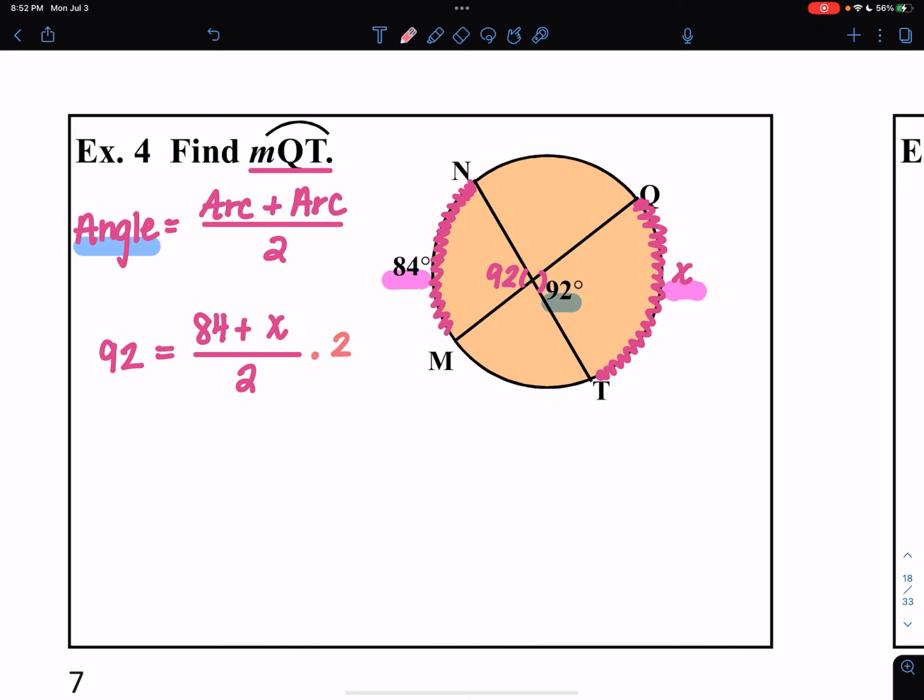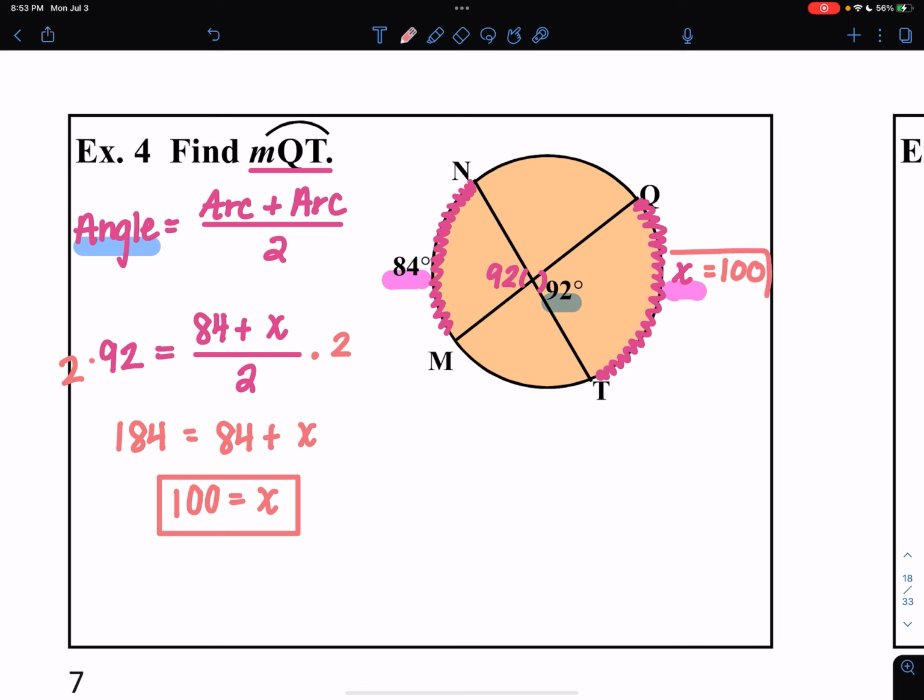So we'll multiply both sides by 2. Right? So that becomes 184 equals 84 plus X. Subtracting 84 from both sides, we get 100 equals X. So our missing arc is 100. Make sure you're substituting arcs in for the word arc and angles in where it says angle.